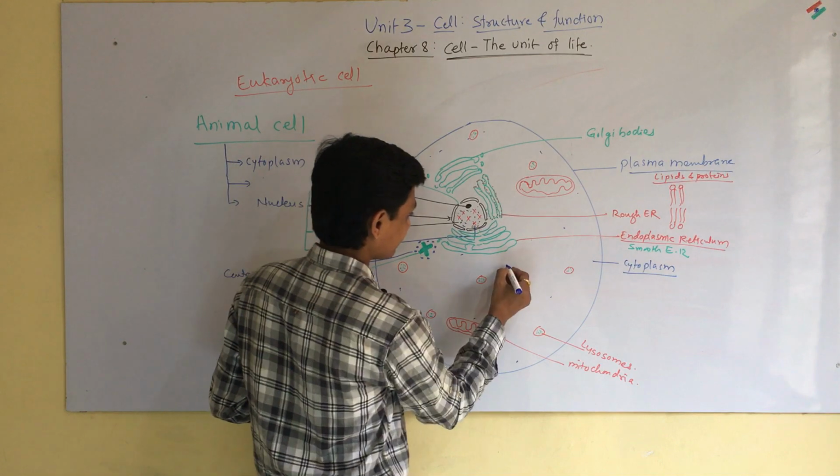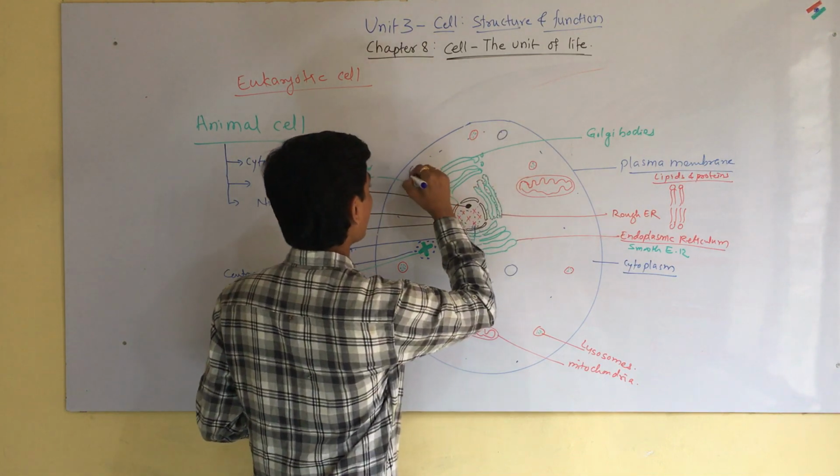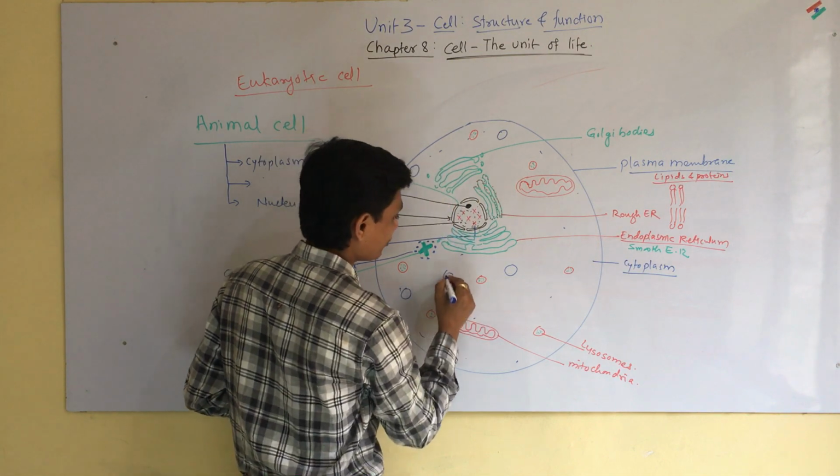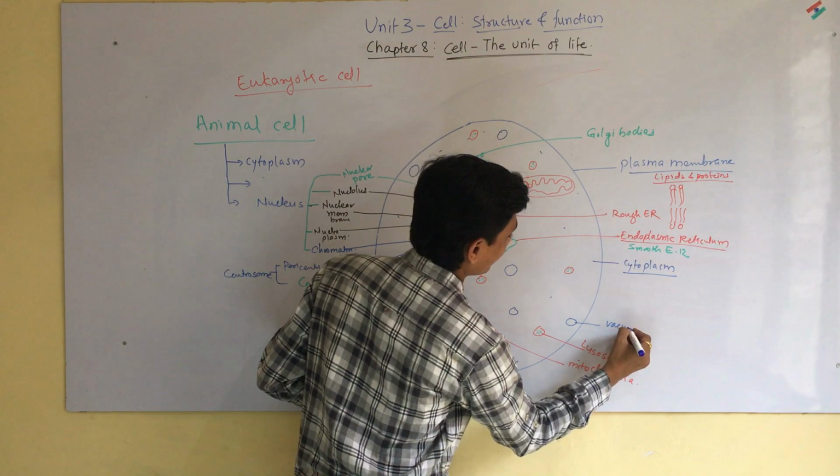Along with this, some vacuoles are also present, which are small in size and numerous in one cell.